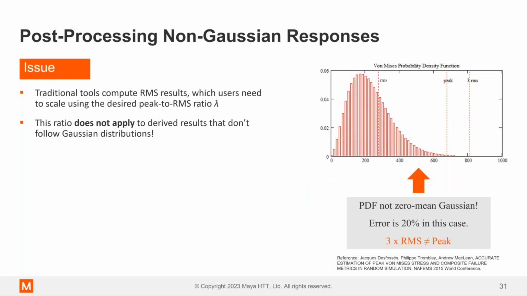Well, traditionally, with the standard tools you would use for random vibration analysis, the user actually needs to scale the RMS results to peak using a ratio. So basically often you'll get the RMS results and you just multiply by 3. That's what most of the standard tools do. That's not always going to be accurate.